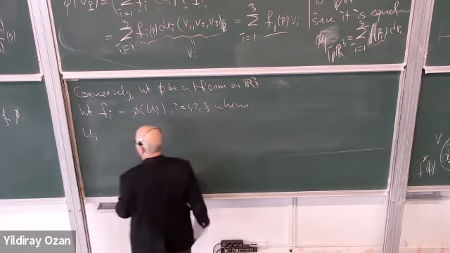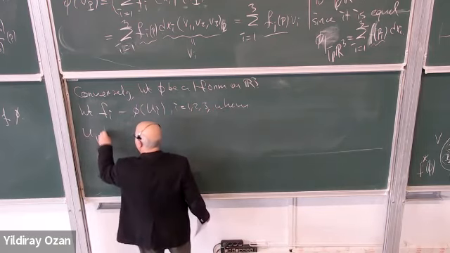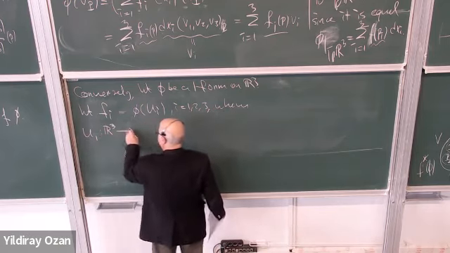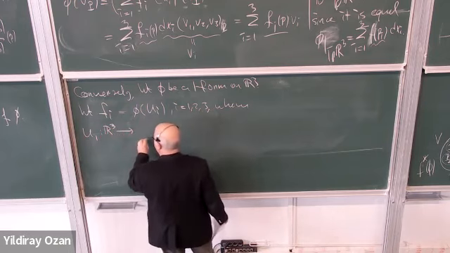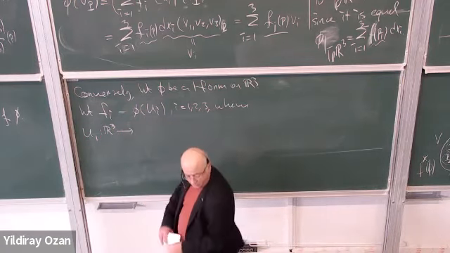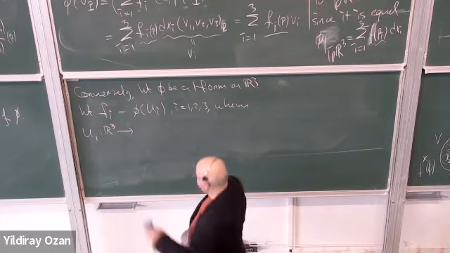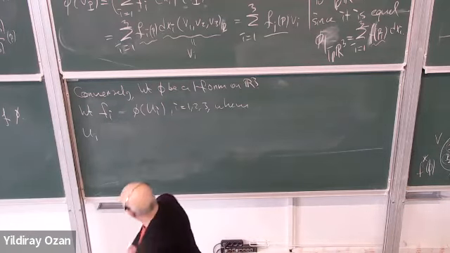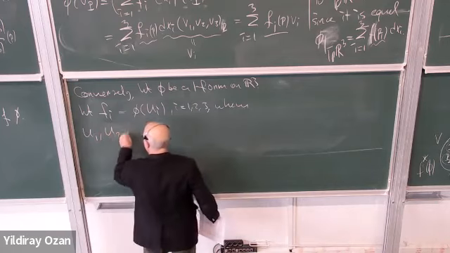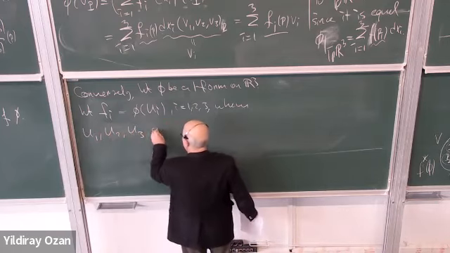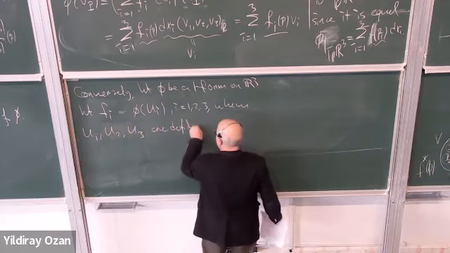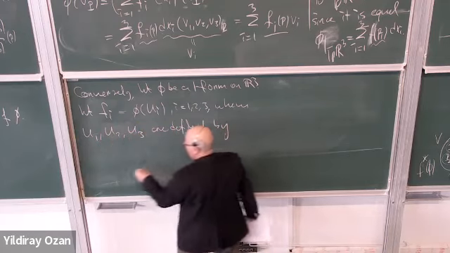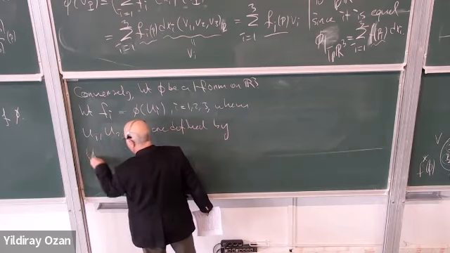These are the standard vector fields. U1 is the vector field, okay, let me say this way, are defined by, we have defined these before.